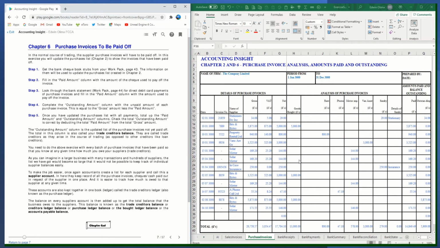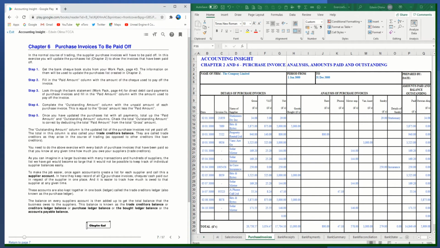So like they do on sales ledger in big companies, when it comes to suppliers and trade creditors, the business will have an account for each supplier, and in that supplier's account they will have the purchase invoices that they receive from them and the amounts that they pay to those suppliers to pay down the amount that they owe.